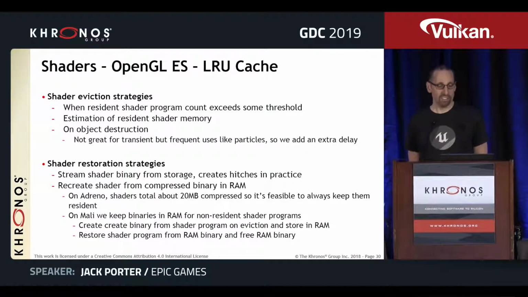So we have a few options. We could simply do strict least recently used based on some number of shaders that we have in memory, or perhaps an estimation of the shader memory. And we do that on some devices.